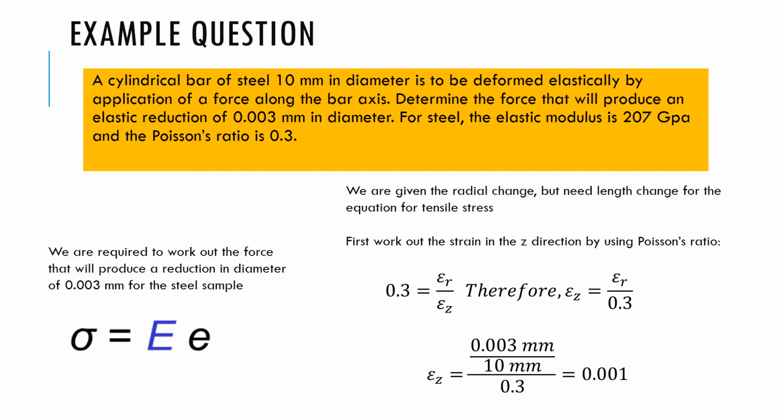So we're given a radial change, but we need the length change for the equation for tensile stress. So first we work out the strain in the z direction by using Poisson's ratio, and we solve for the strain in the z direction, which is 0.001.